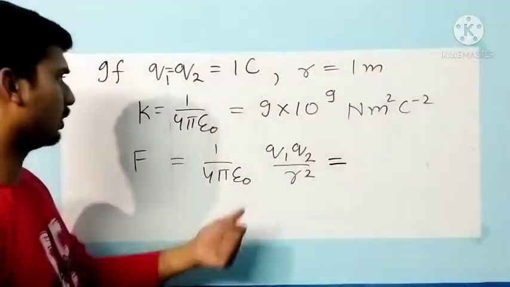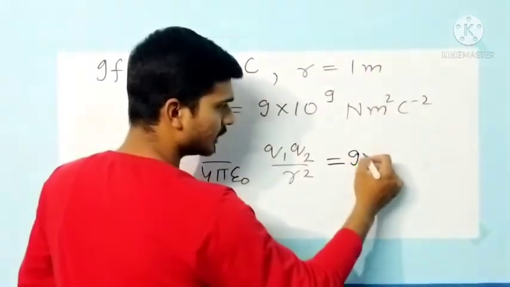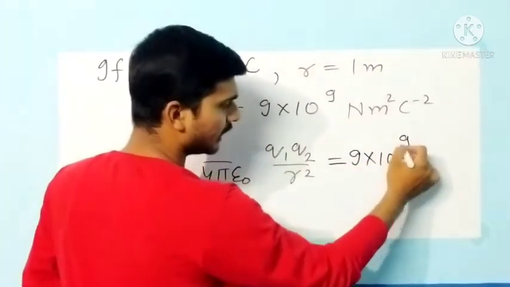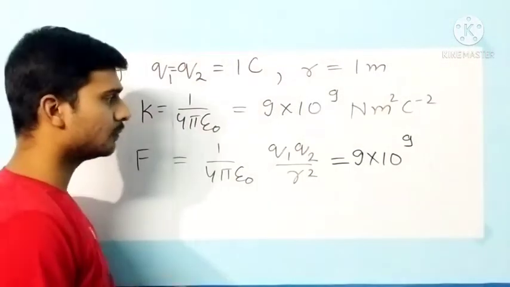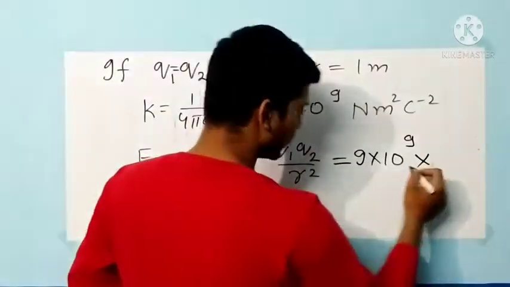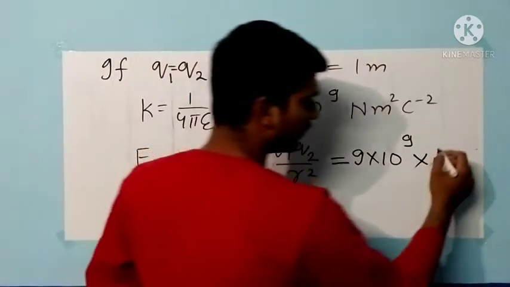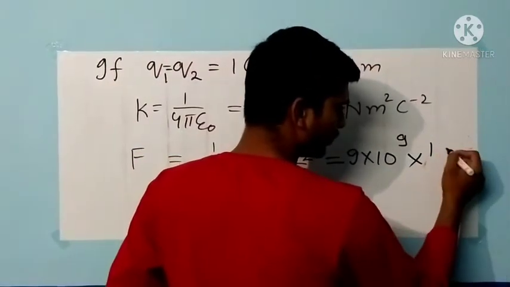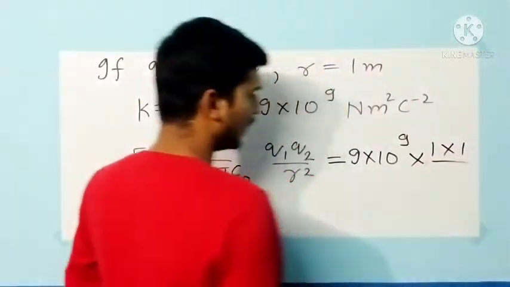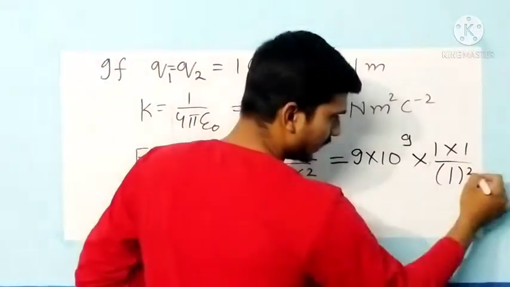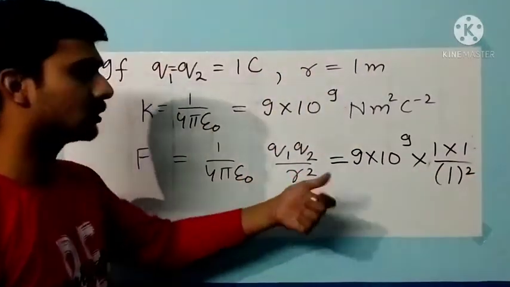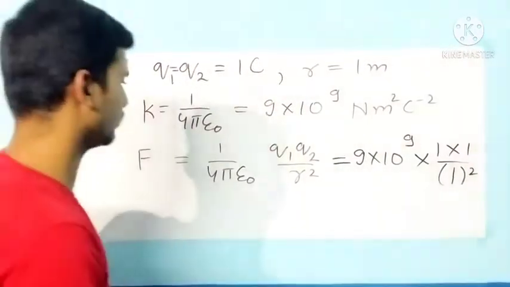The value of 1 upon 4 pi epsilon naught is 9 into 10 to the power 9 for free space or vacuum, and the values of Q1 and Q2 are given, 1 coulomb into 1 coulomb, so that will be 1 into 1, upon the value of R, which is also 1 meter, and since we take the square of the distance between them, we will square it.